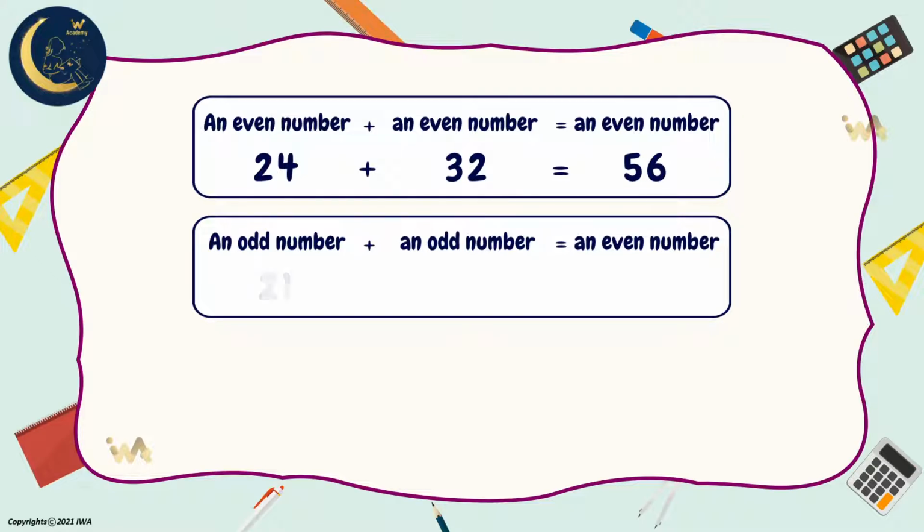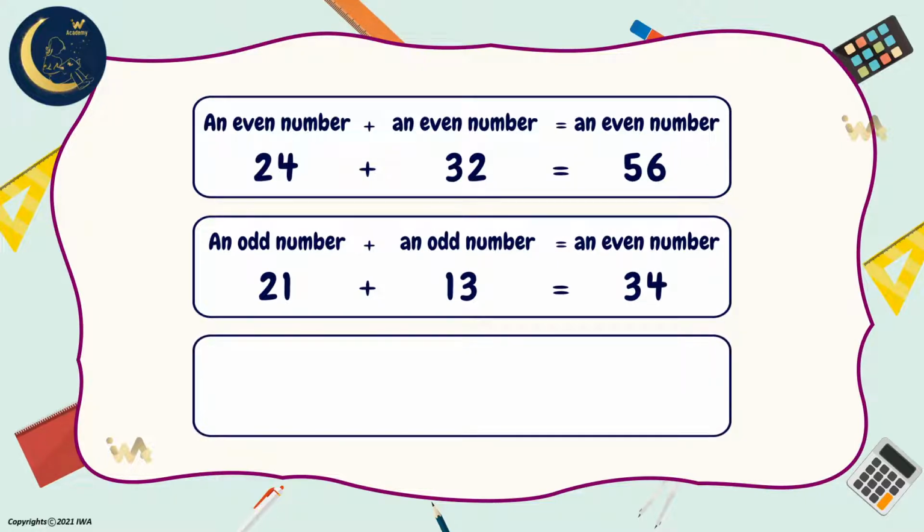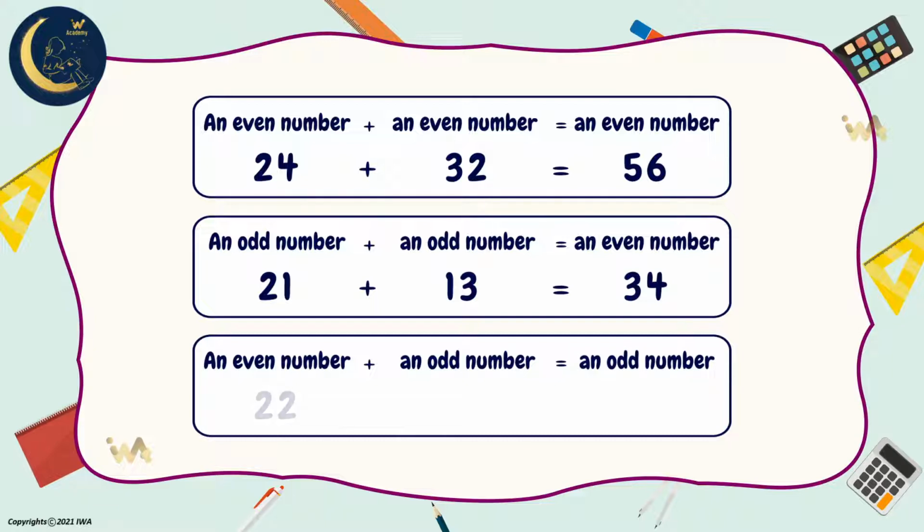For example, 21 plus 13 equals 34. The third rule we took is the result of adding an even number plus an odd number equals an odd number. For example, 22 plus 23 equals 45.